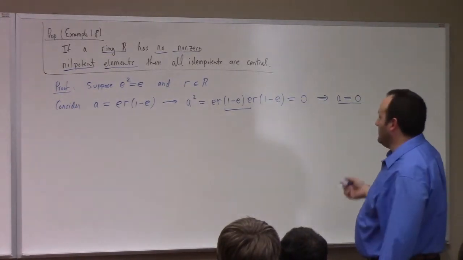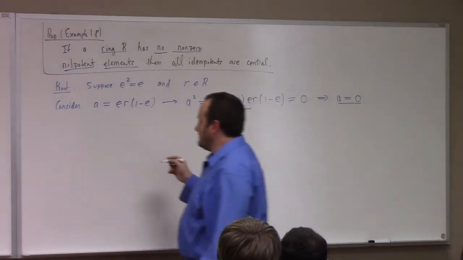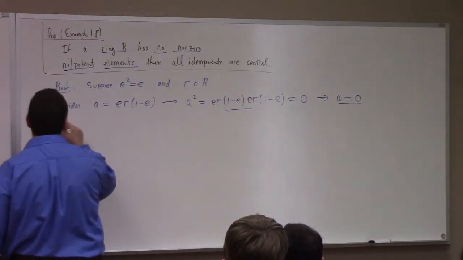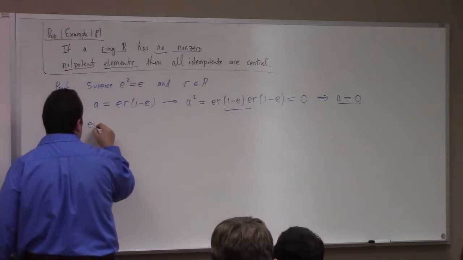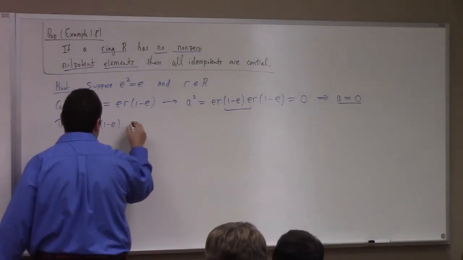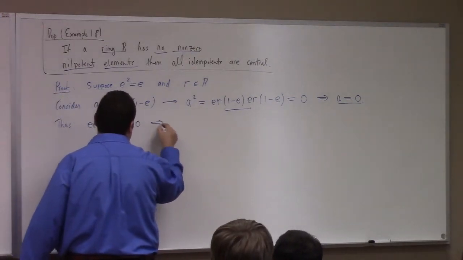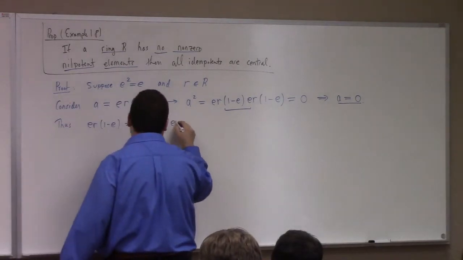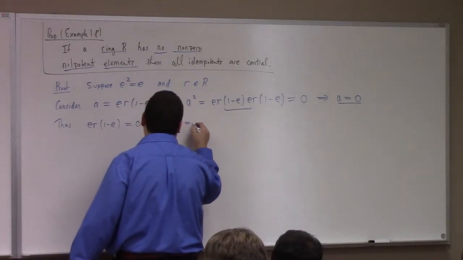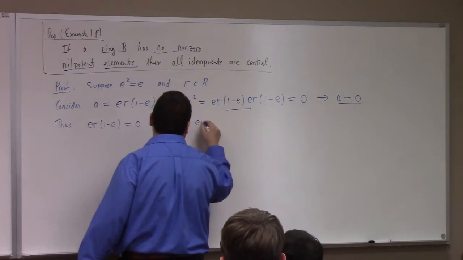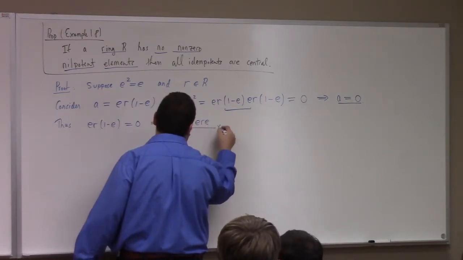So if A is equal to 0, then ER times 1 minus E is equal to 0, which is to say that ER is equal to ERE. I'll call that star.